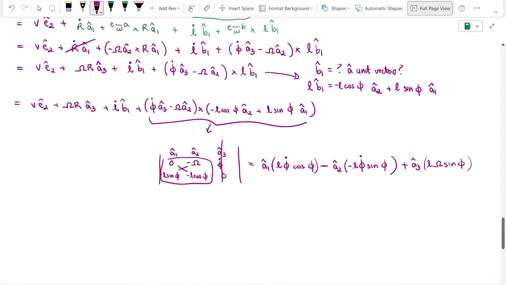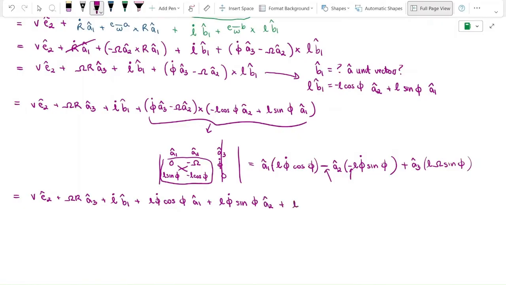Yeah, and so then we can put this as V E2 hat plus omega R a3 hat plus L dot b1 hat plus L phi dot cosine phi a1 hat minus, or plus, because these cancel, plus L phi dot sine phi a2 hat plus L omega sine phi a3 hat. Then I can combine terms now.